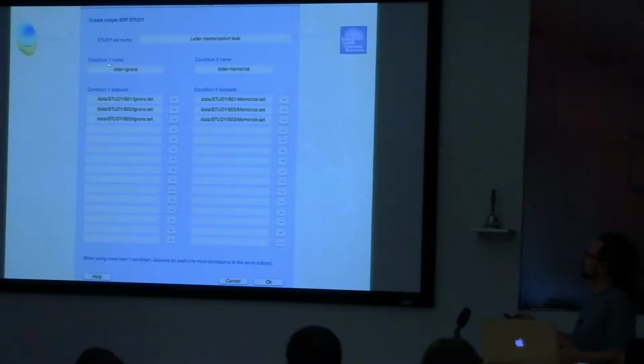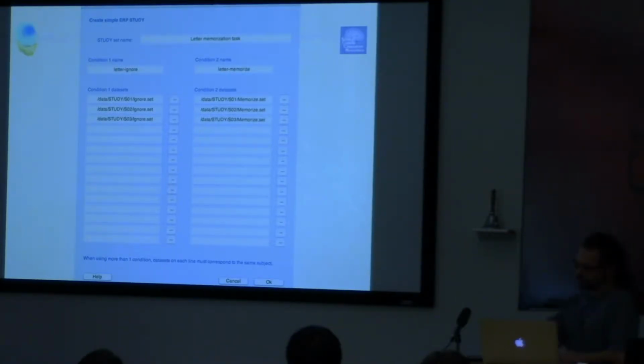So here we have ignore and memorize condition. So these are two types of letters that were presented to subjects. This is subject 1, condition 1, subject 1, condition 2, subject 2, condition 1, subject 2, condition 2, subject 3, condition 1, subject 3, condition 2, etc. And so you can put as many as you want here.